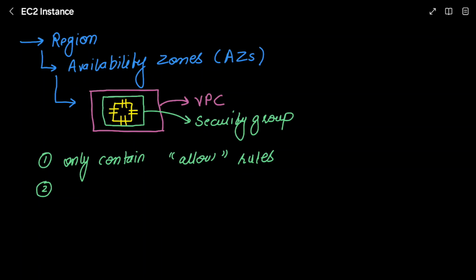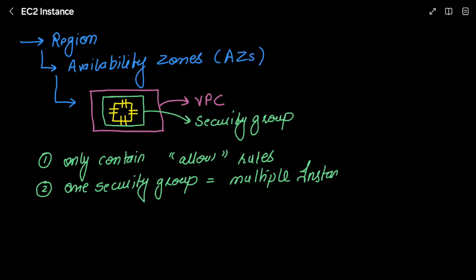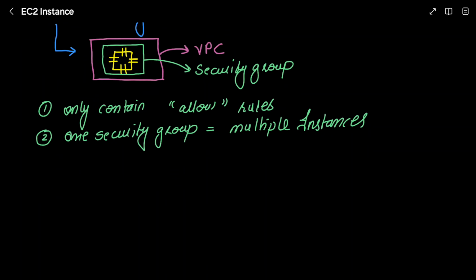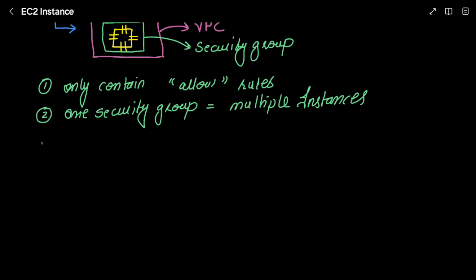Then, one security group is not specific to one particular EC2 instance. Instead, it can be attached to multiple instances. So one security group, multiple instances. Another pointer is that each security group, in terms of initialization, is locked to a region and VPC combination.